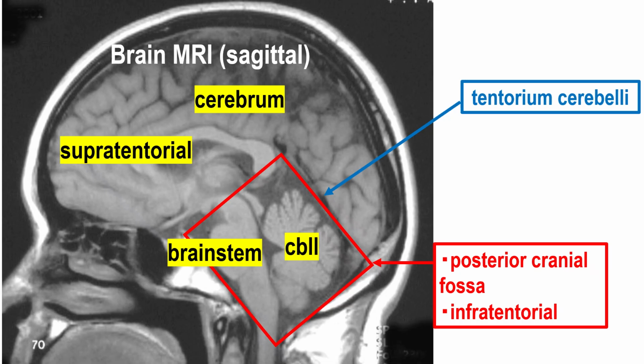The area where the cerebrum is located is sometimes called the supratentorial, and the posterior cranial fossa is sometimes called infratentorial.